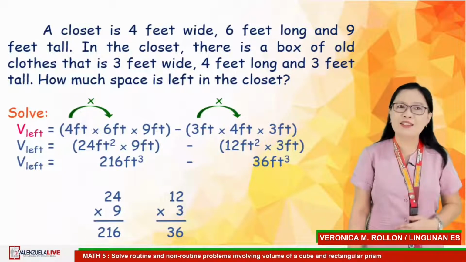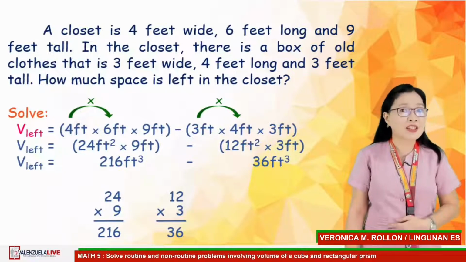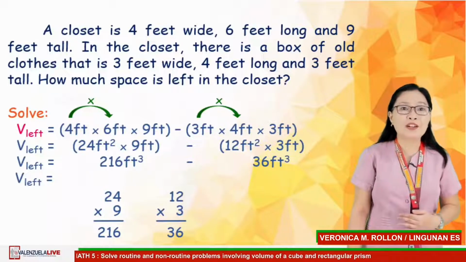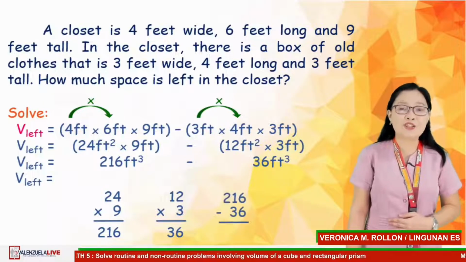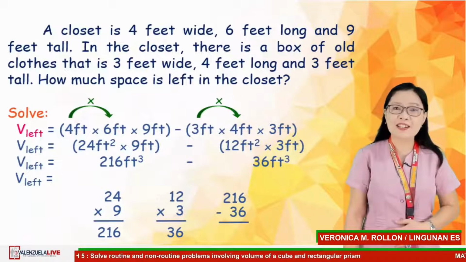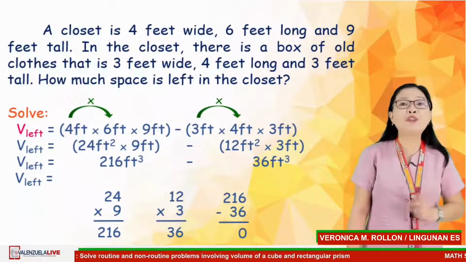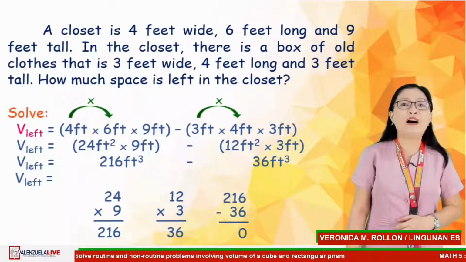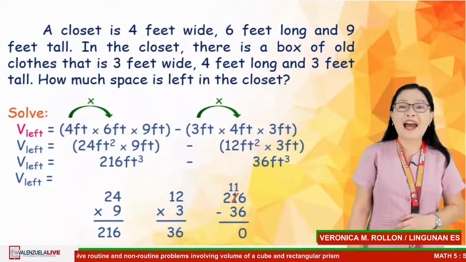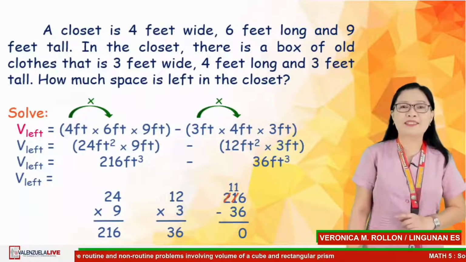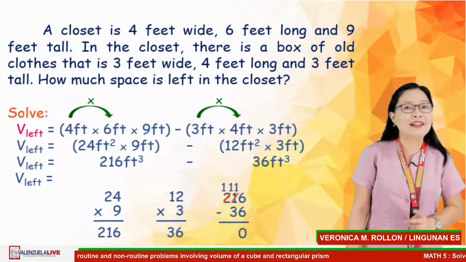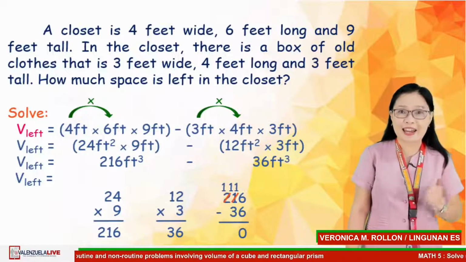Now, to find the volume left, because that is the question that we're going to answer, we have to subtract 216 and 36. So, 216 minus 36. 6 minus 6 is 0. 1 minus 3 cannot be, so we have to regroup. 1 will become 11, and 2 will become 1. And then now we subtract. 11 minus 3 is 8.